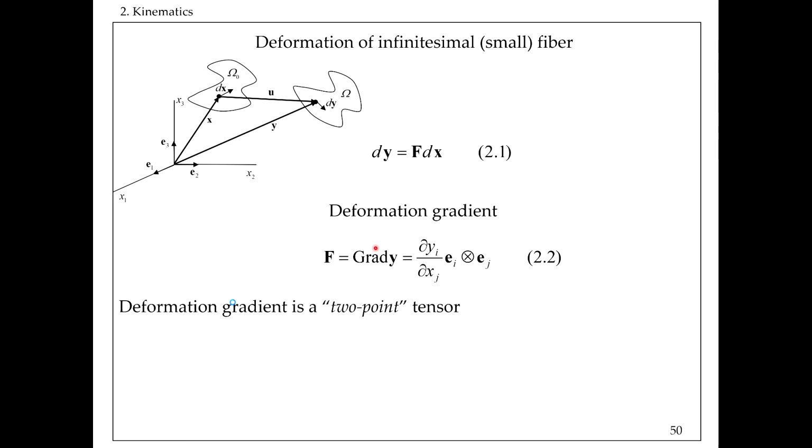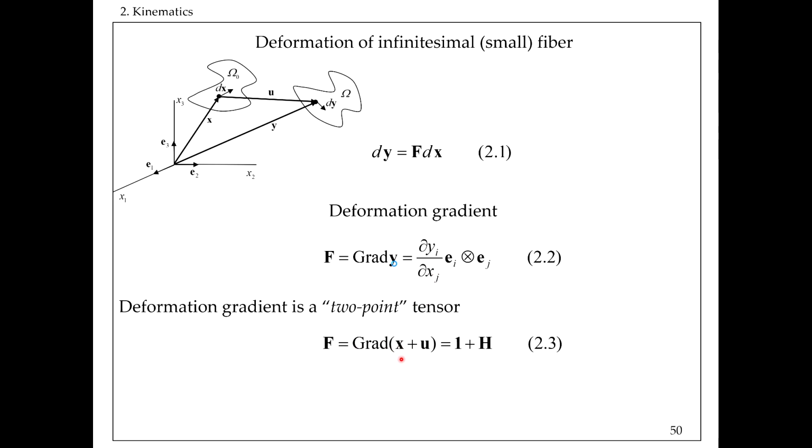So therefore we can go back to this definition 2, and instead of y we can just write that y is nothing but x plus u, right? And now looking into this, we take the gradient of x again with respect to x.